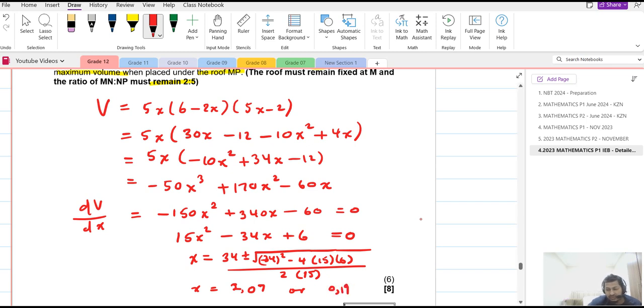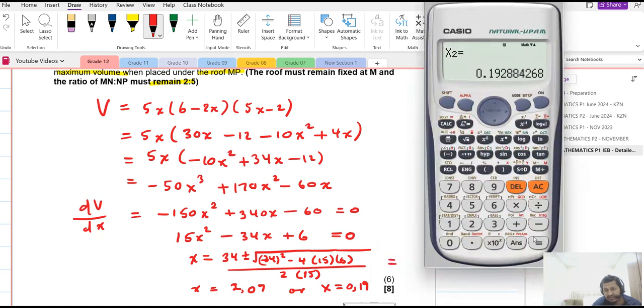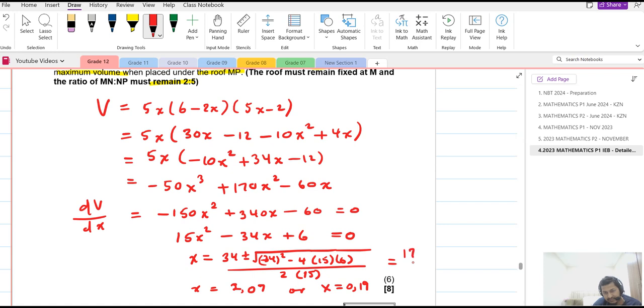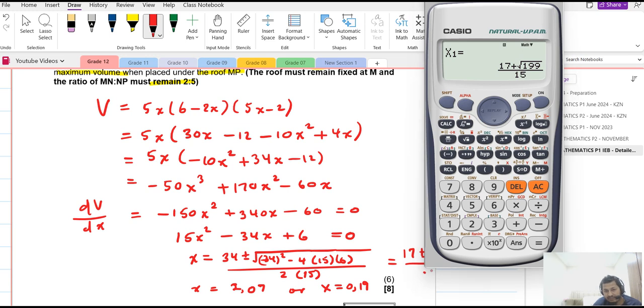But what do they want? They want a maximum volume, alright? So we need to look at the shape of the graph. Both answers are giving me positive. Let me just say 17 over 15.